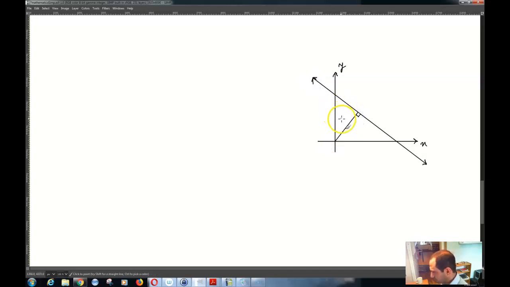I call this P, and I call the angle that the perpendicular makes with the positive direction of the x-axis omega.